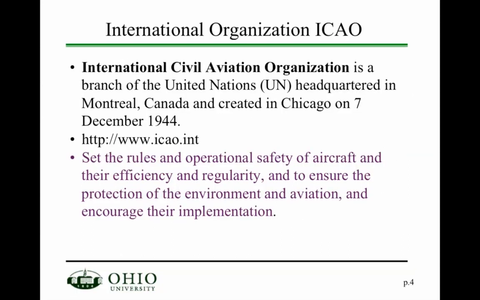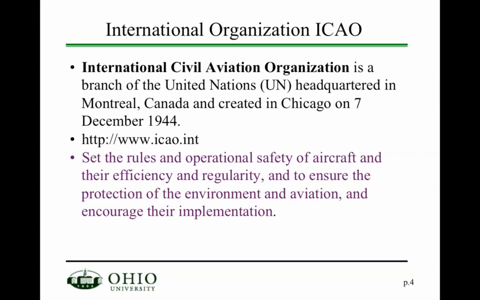Well, of course, airplanes do not just fly within a country, they often fly internationally. So you see that a lot of the rules and operational regulations are actually defined at international level by an organization called the International Civil Aviation Organization, or ICAO. We're not going to talk too much about this organization, exactly what they do.